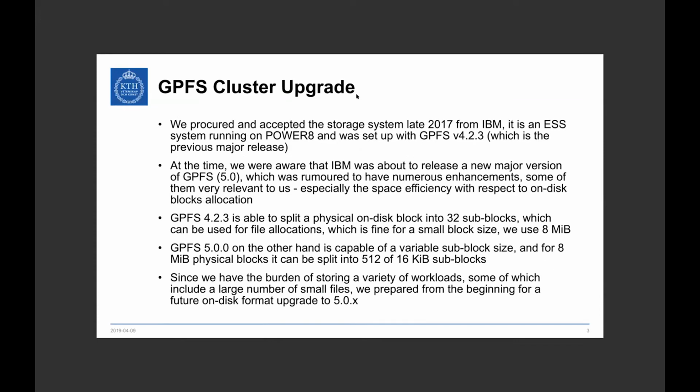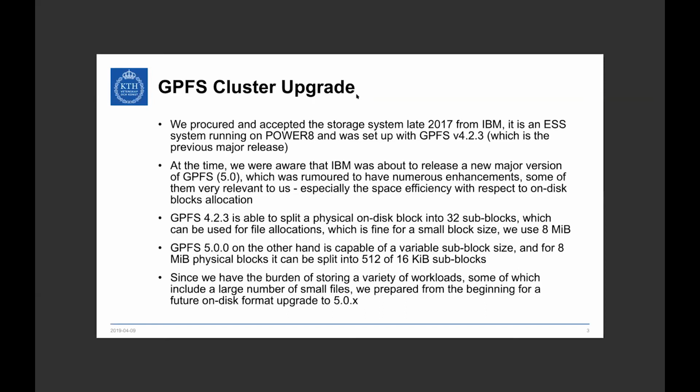The reason for this is we bought our storage system in late 2017. That is an IBM ESS Elastic Storage Server, which is based on IBM Power 8 servers and Gpfs. At the time we procured it, Gpfs was still running at version 4.2.3, which was the previous major version.